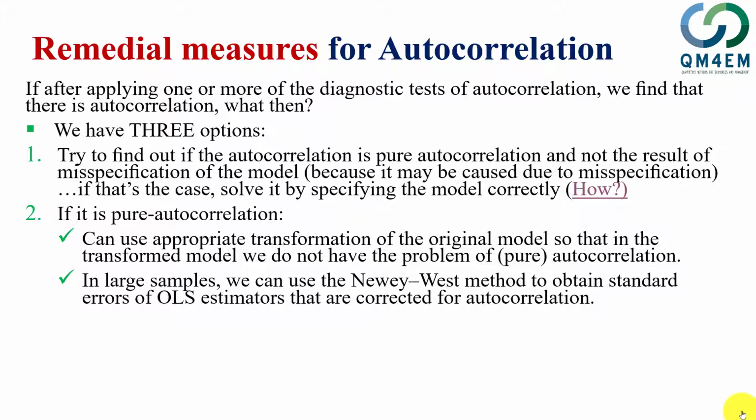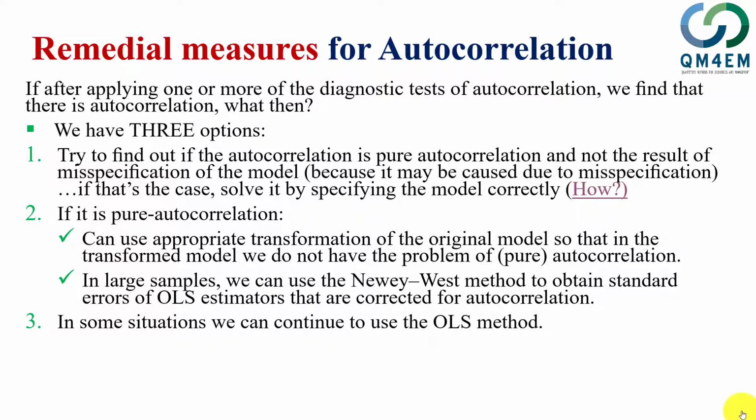For small samples, we still have to do the transformation, and how we do that, I will show you in a minute. In some situations, when there is a minor problem of autocorrelation, we can still continue using the OLS method because it wouldn't affect things too much.